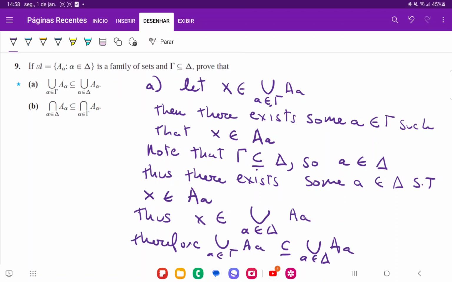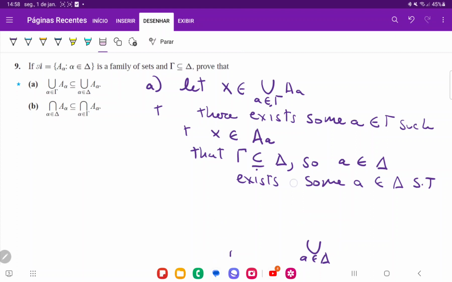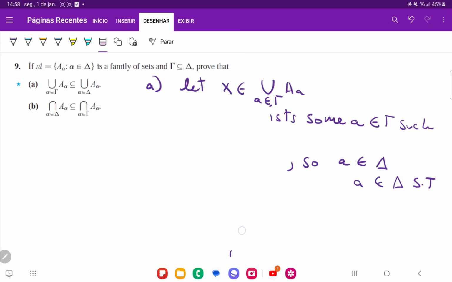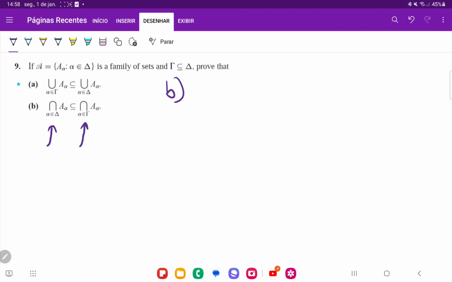So now we're going to do item B, and we're going to show that the intersection over delta is a subset of the intersection over gamma. We're going to do the same idea here, where we're taking some element that is here, and then we're showing that that element must also be there.